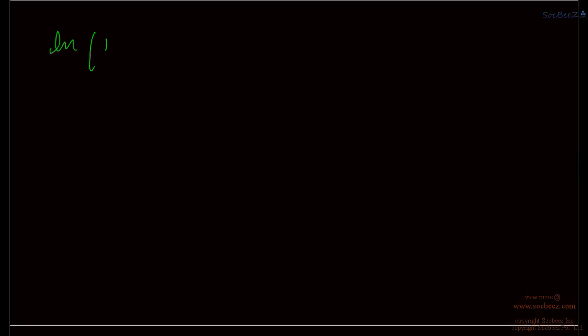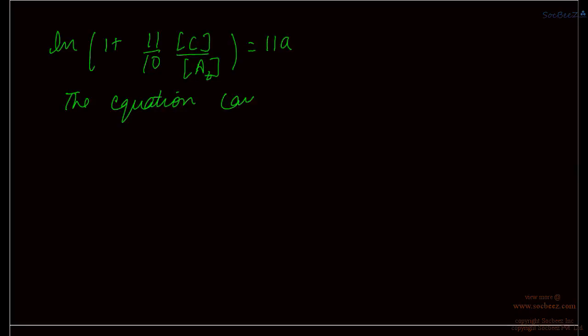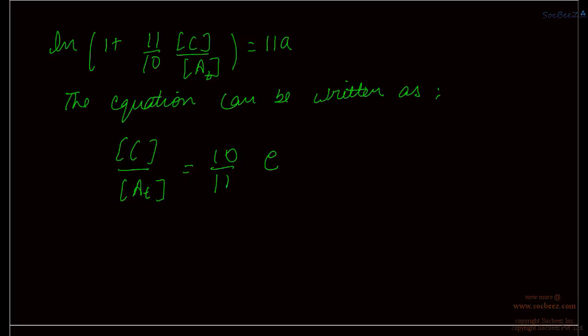So from here we can say ln of 1 plus 11 upon 10 C upon A t equals 11A. If we simplify it further, this equation can be written as C upon A equals 10 upon 11 times e raised to the power 11A minus 1. So this is the answer that we are looking for.